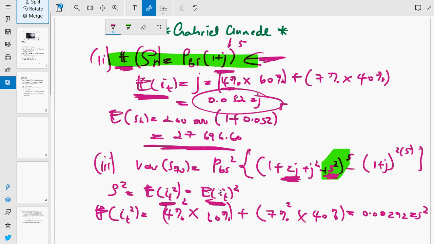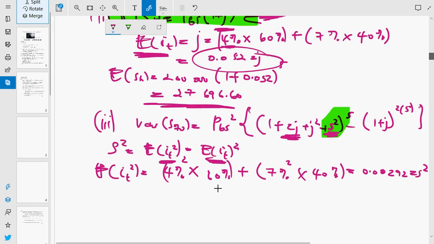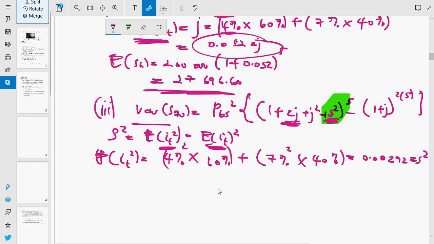From there, it's no big deal. You just substitute all your values into this formula and use your calculator.